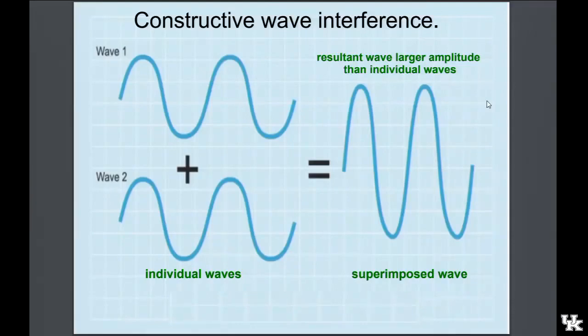So these two waves are superimposing themselves on each other. And together, they superimpose to make this wave over here on the right-hand side, which is the superimposed wave, which, as you can see, has a larger amplitude, a larger size than the two individual waves.